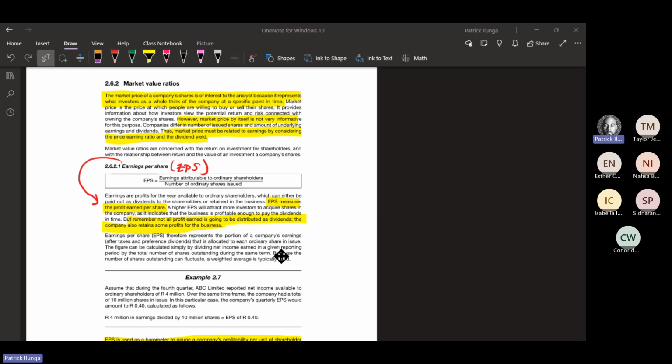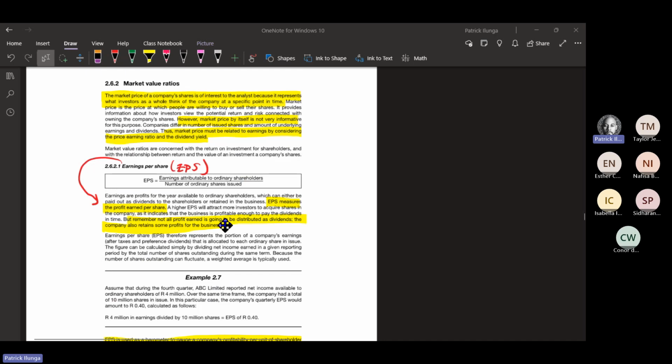We have 1,000 shares that we sent out there. So we take our earnings attributable to ordinary shares, we divide it by the number of 1,000 shares. It gives us earnings per share. Okay? Per share.